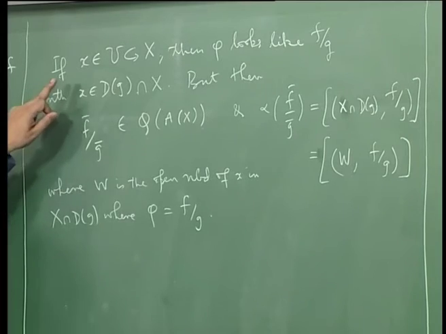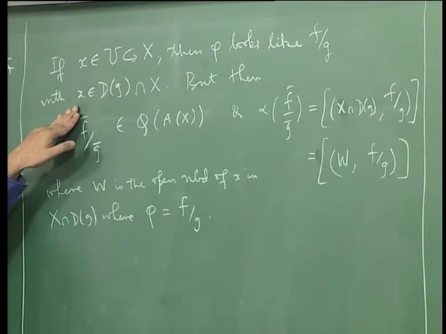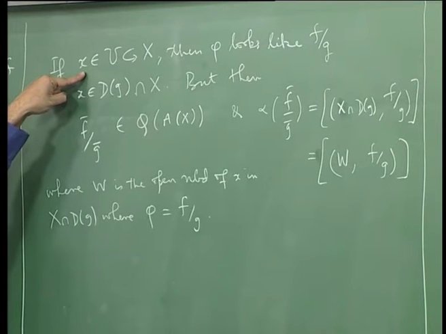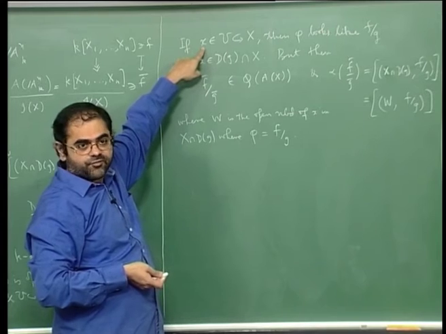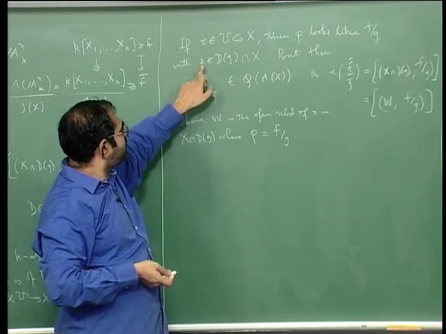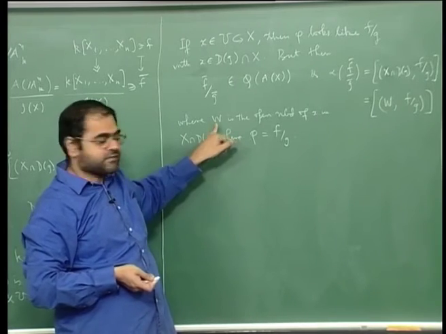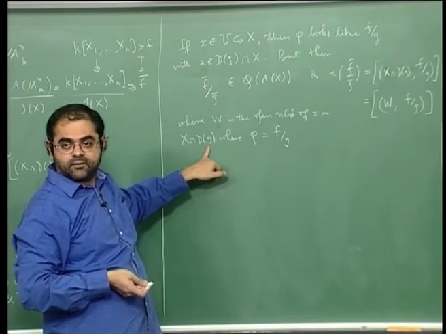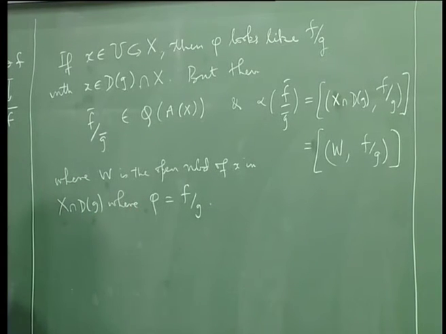See, after all, phi looks like f by g locally at every point, so I am taking only one point, it is enough to take just one point, to call that point small x. So for this point small x, I have an open neighbourhood W, okay, which is in X intersection Dg, and there on that W phi is the same as f by g, okay.